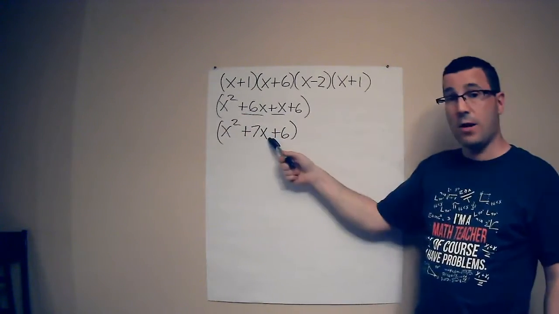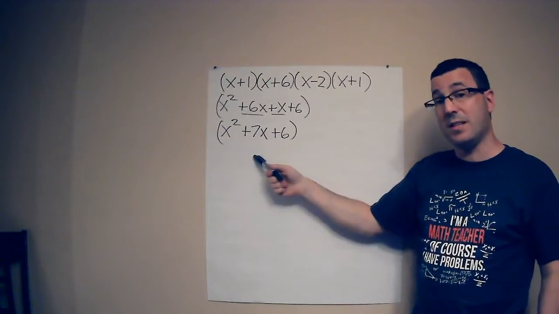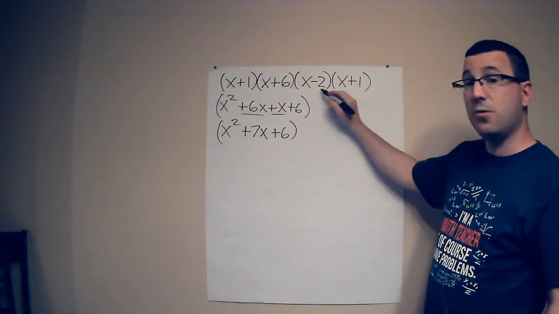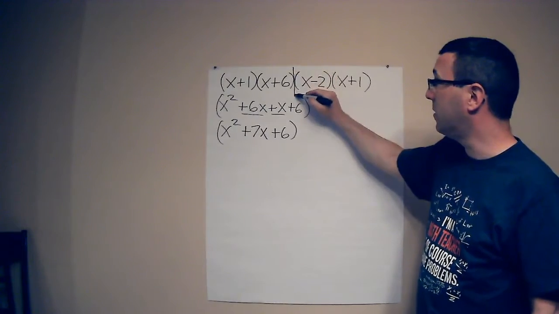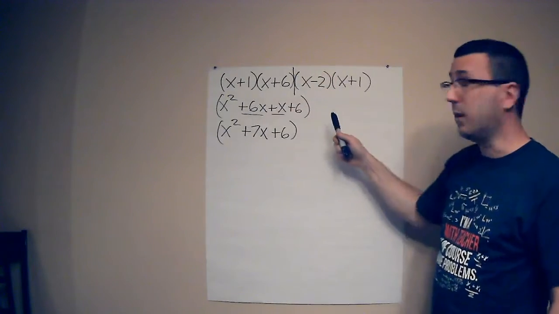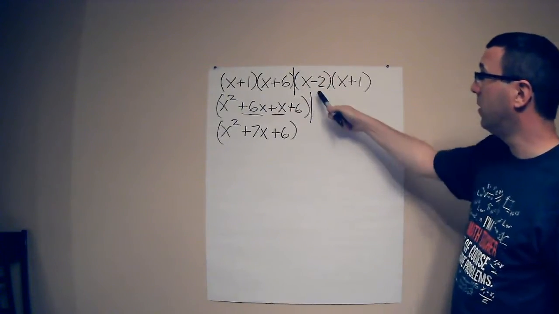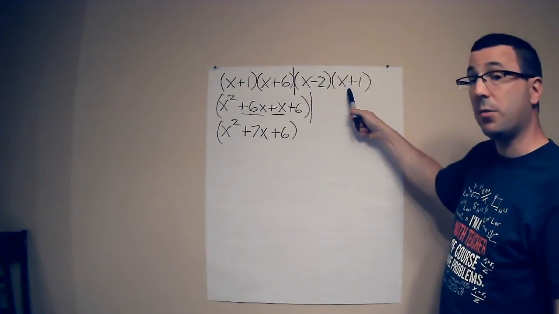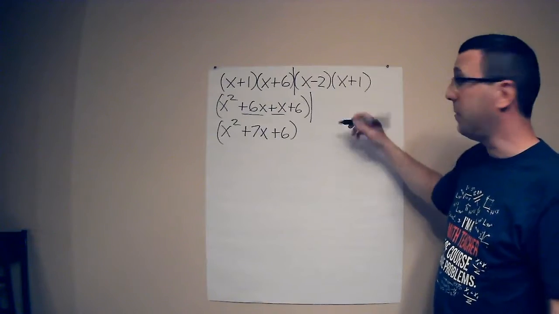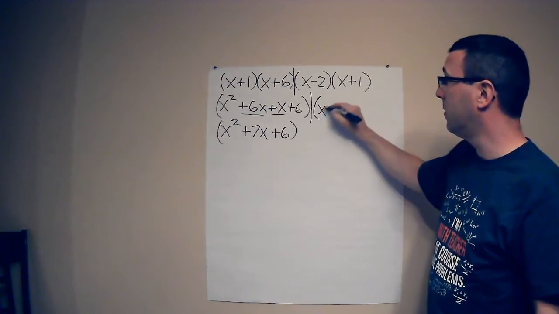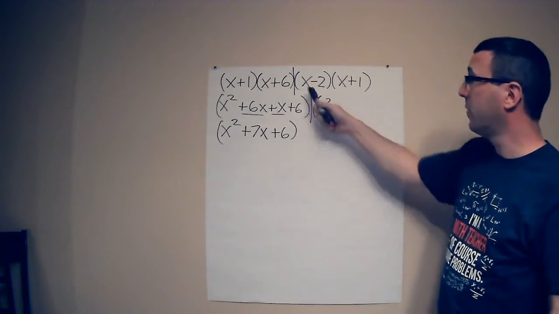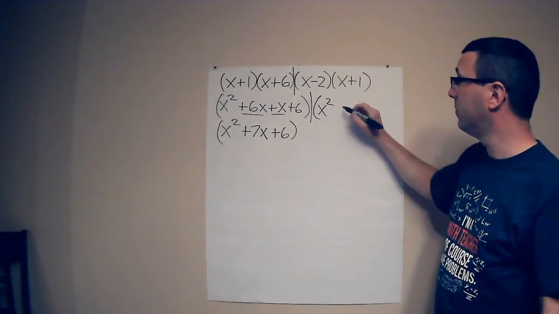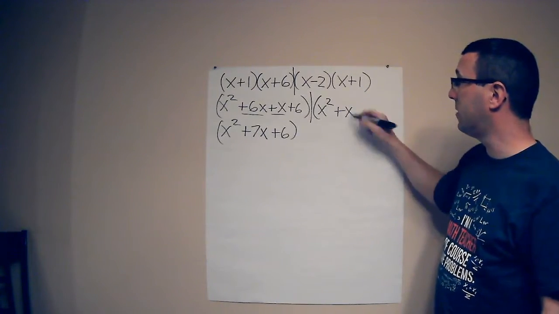So now I have a trinomial here. I can't go any farther with this side. So now I'm going to do the second half. So see, I broke it into two things. So I'm going to do x minus 2 times x plus 1. X times x, x squared. X times 1 is just x.